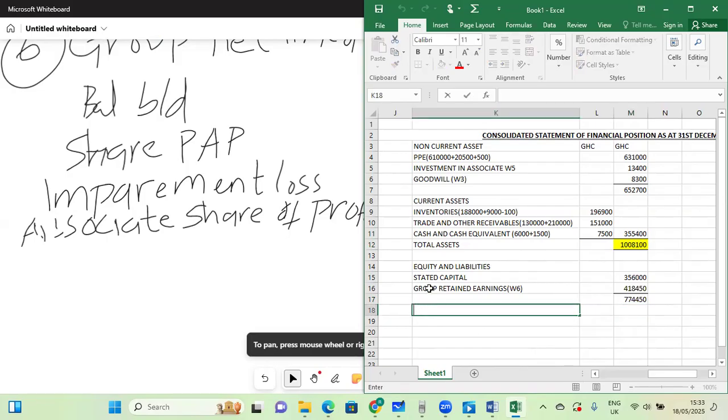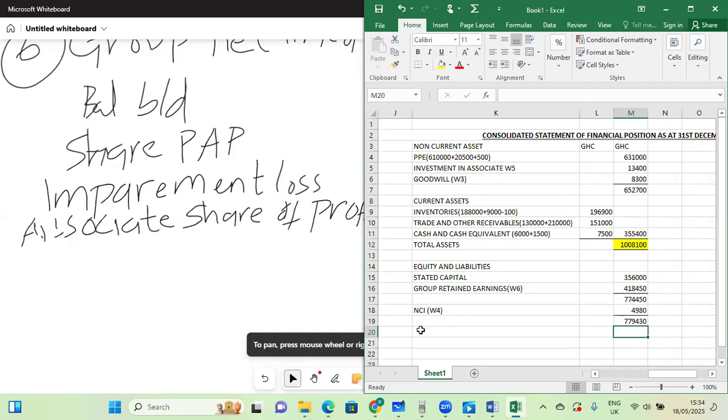Now we bring in our NCI, which was workings, I think, 4. Yeah. And we had 4,980. We add that one up as well. Which is this.